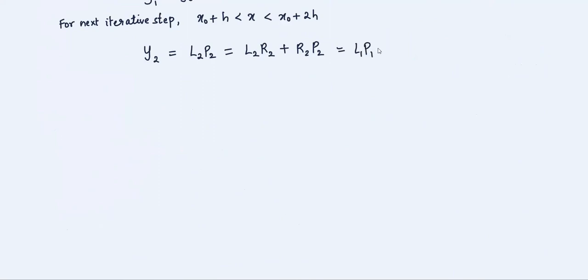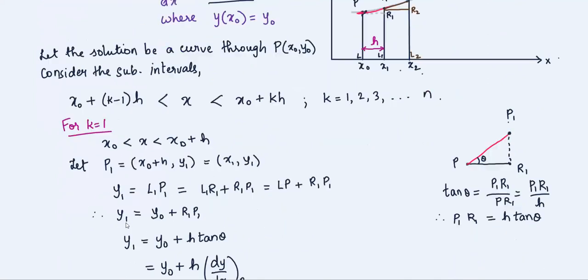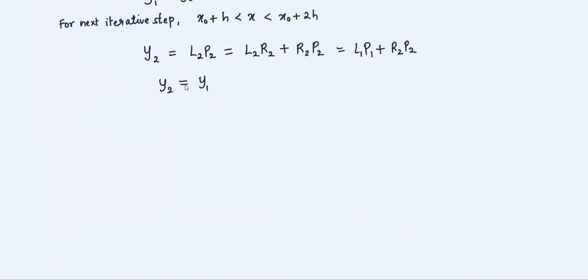So L1 P1 plus R2 P2. L1 P1 is Y1, the value of which we found from the previous step.